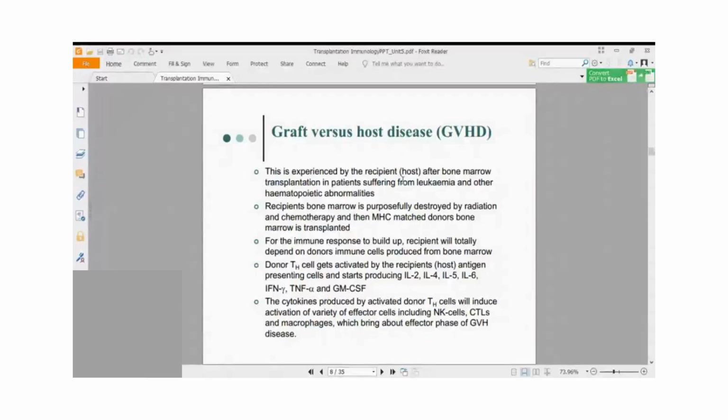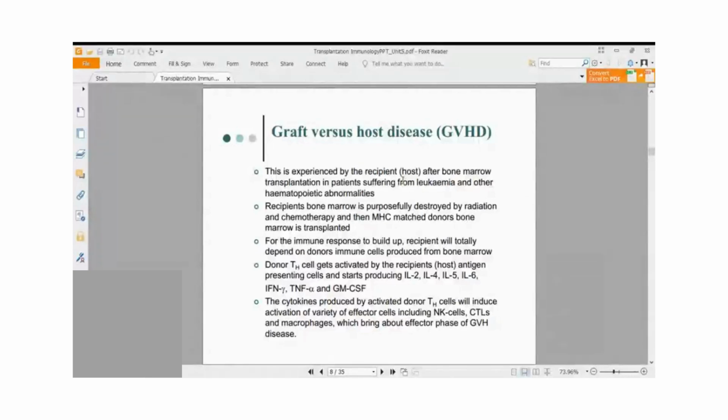And here we are talking about the primary lymphoid organ responsible for the immune response of a person being transplanted. In that case, the recipient, the person who is receiving the bone marrow, should have destroyed his own bone marrow completely. And that is done through radiation and chemotherapeutic drugs.